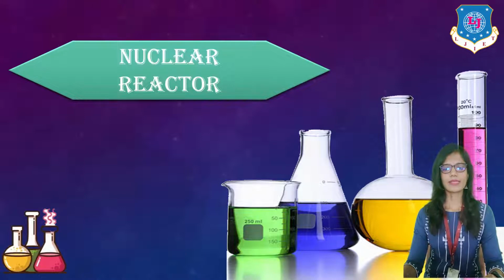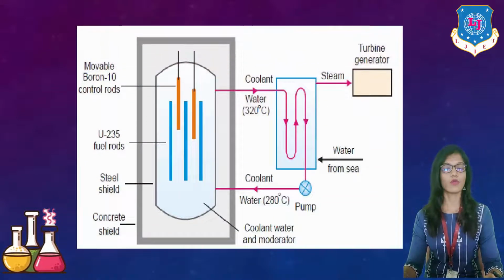Now, let's take a look at how the nuclear reactor works and what the meaning of a nuclear reactor is. We will have two different types of nuclear reactions. One is known as nuclear fission, while the other is known as nuclear fusion.